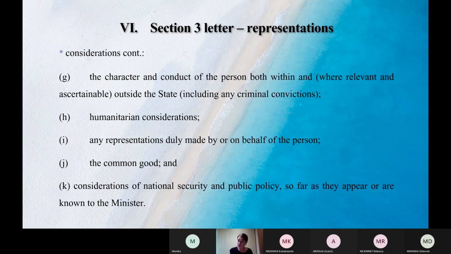If not much effort is being made to set these out in as much detail as possible, that's a weaker representation, and the stronger representations are more detailed, are more strenuous. Really, this is the last option or the last chance that person has to be given permission to remain. So really, all efforts should be made to make it as detailed as possible and as strong as possible.